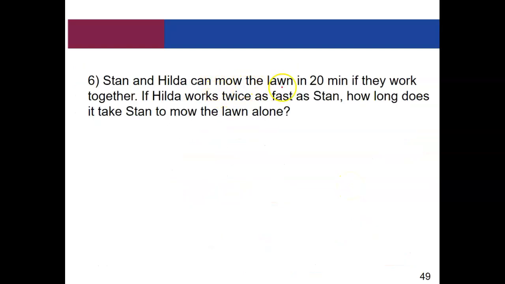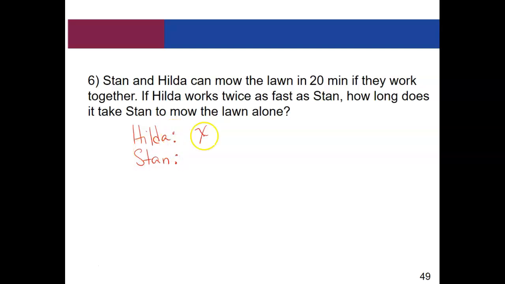Okay, Stan and Hilda can mow the lawn in 20 minutes if they work together. If Hilda works twice as fast as Stan, how long does it take Stan to mow the lawn alone? So we're going to let the time it takes Hilda be x. If she's working twice as fast as Stan, this is where it's a little bit confusing.